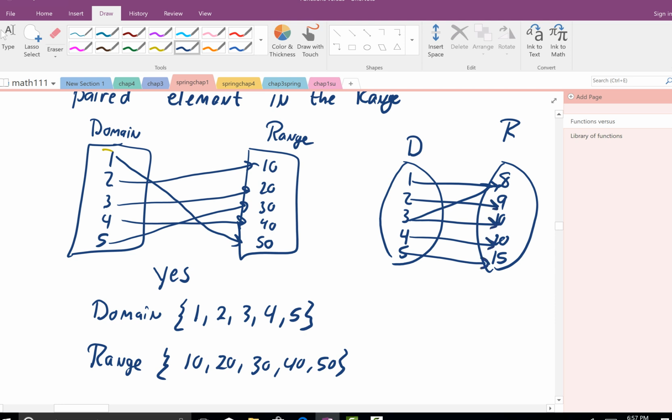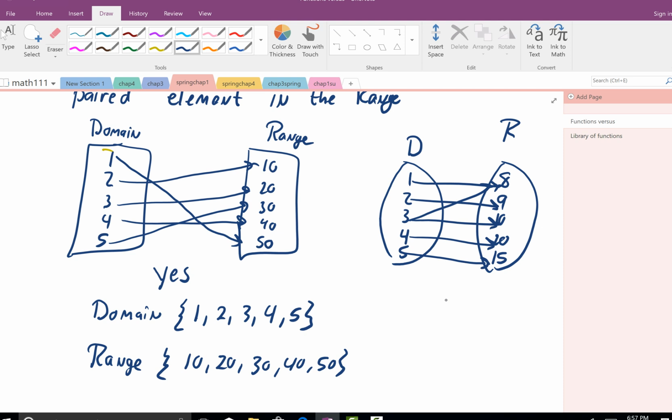Is that a function? Why not? What's wrong with it? For which number? 3's going to 2 numbers, huh? Good job. So it doesn't work. It's not a function.